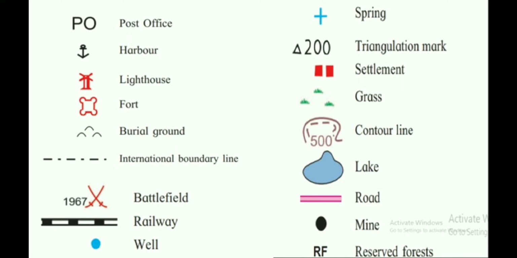Then you can see one triangle and 200 there, so that is a triangulation mark. Next is settlement, shown in small boxes in red color. Then next is grass. Then contour line, you can see number and line here. Then lake, then road, then mine, and last is RF, meaning reserve forest.